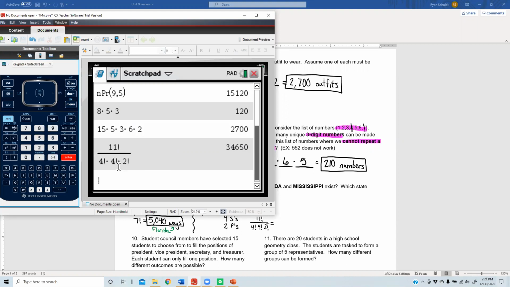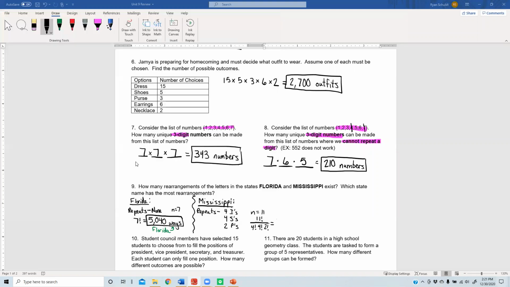Notice it looks just like it does on my paper, which tells me I entered it correctly. So 34,650 ways. There's that one. So this is our answer for Mississippi.